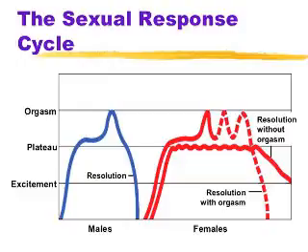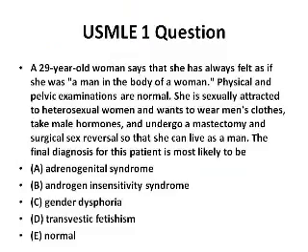That wraps up our lecture. So let's do one USMLE question before we finish today. A 29-year-old woman says that she has always felt as if she was a man in the body of a woman. Physical and pelvic examinations are normal, and she is sexually attracted to heterosexual women and wants to wear men's clothes.